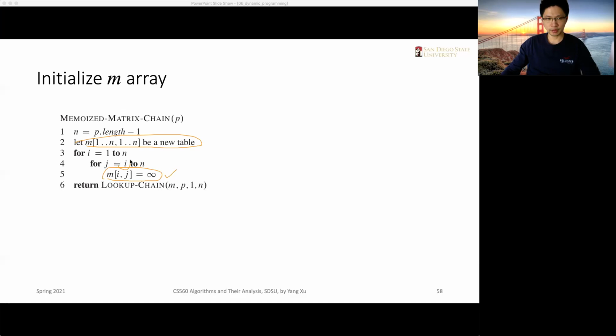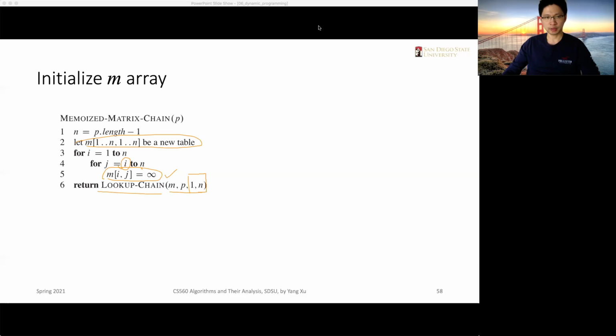So J iterates from I to N, which is basically half of the cells. The other half are just duplicates, so we don't need to initialize those values. And then we return the lookup chain function with such arguments, because we want to solve the original problem from 1 to N.